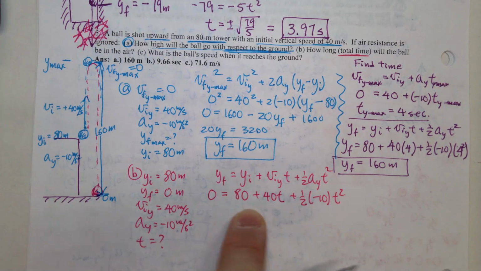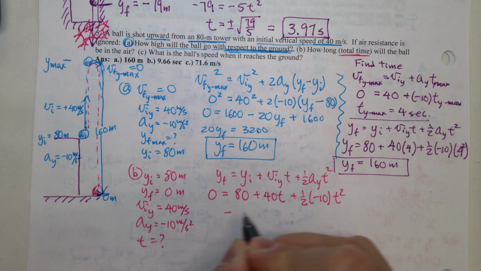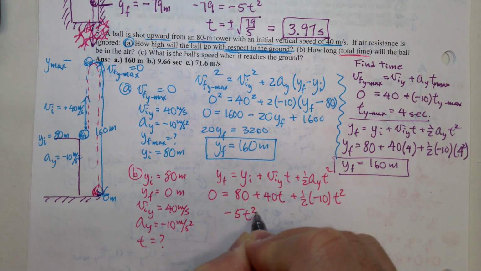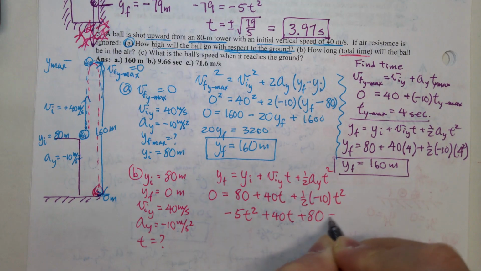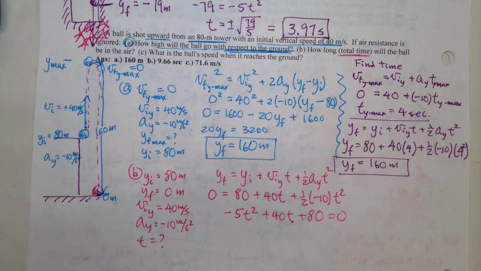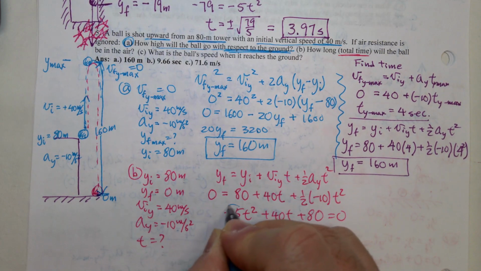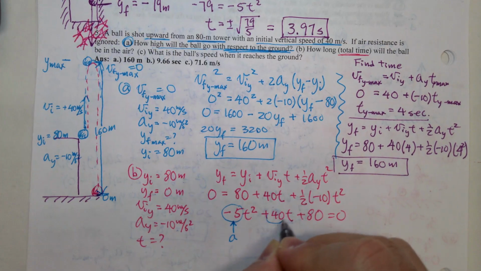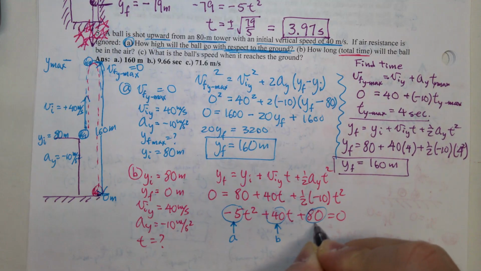If I were to write this in descending order, I would have negative 5t squared plus 40t plus 80 is equal to 0. This is A, this is B, and this is C.